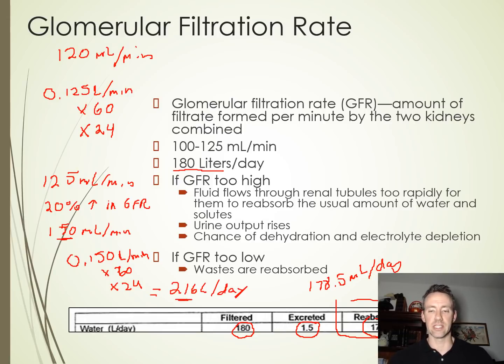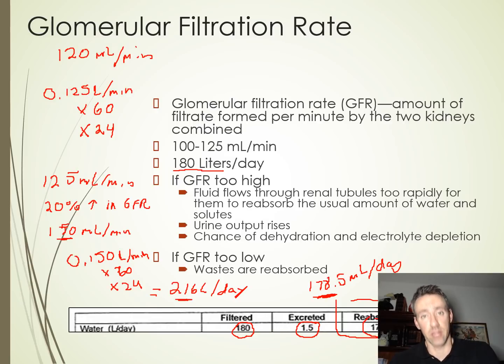Now, the point I'm making is that if I'm still reabsorbing at 178.5, and my GFR went up 20% to 150 mils, now instead of 180 liters per day, which is typical, I'm filtering 216 liters per day. So if I want to know how much urine I'm going to produce now, that's 216 minus 178.5. In other words, it's almost 40 liters of urine.